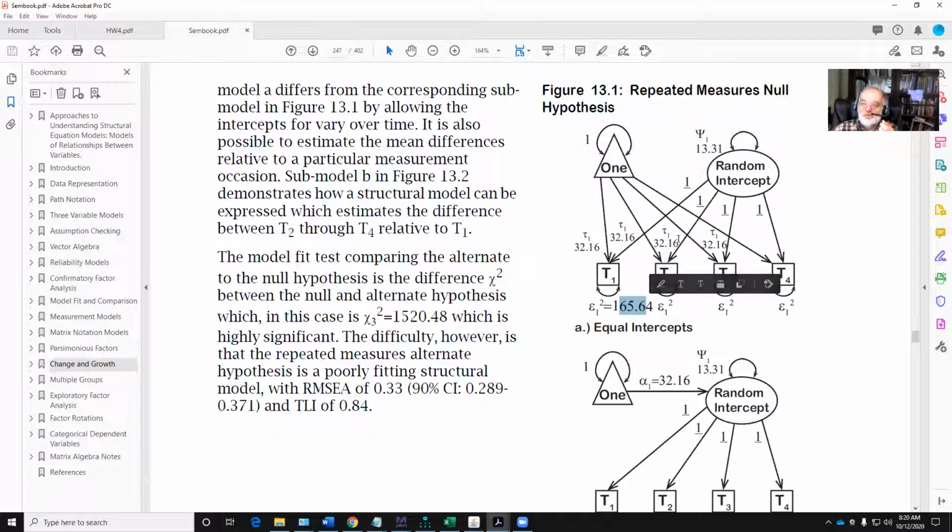And those are going to be the same variances for each of the variables. Take a look also at what this diagram says about the covariance between measurement occasions. It's going to be 1 times 1331 times 1. And that covariance is going to be the same regardless of which pairs of variables you pick.